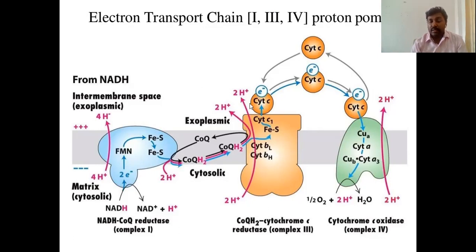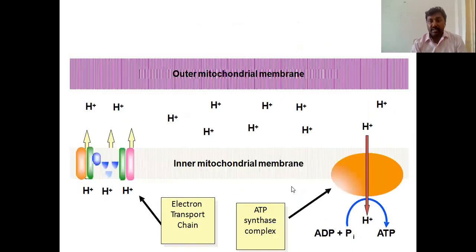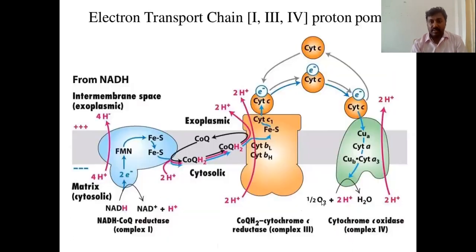Then after that the electrons transfer to cytochrome C, then cytochrome A and cytochrome B. We already discussed this. Then finally the ATP is synthesized here. This is an imagined diagram of how the protons are pumped.